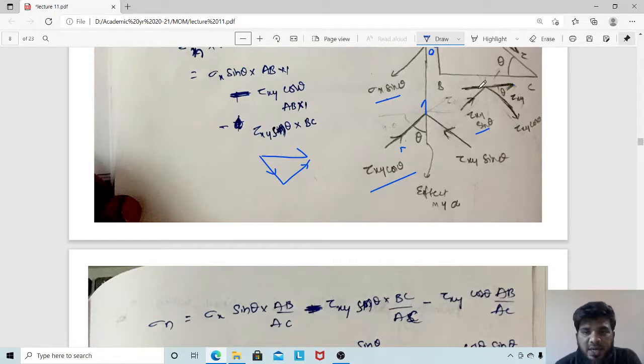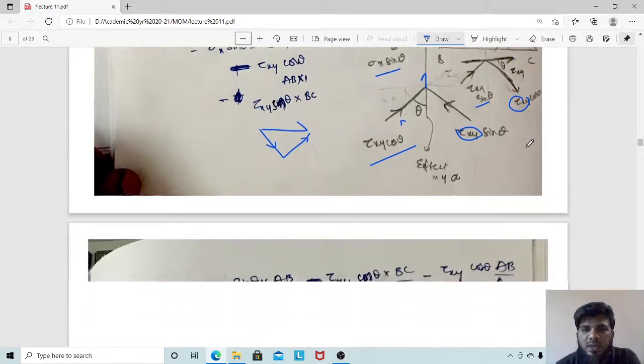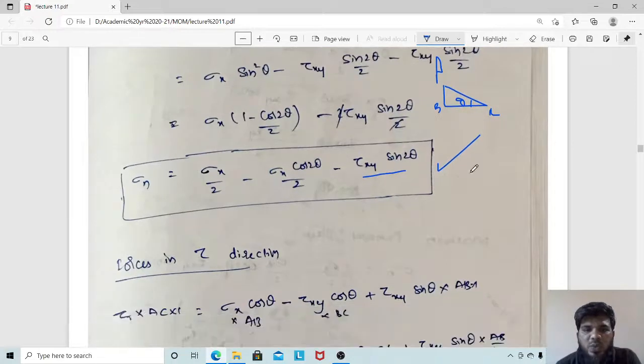Now we have to identify only the forces which are parallel to tau. Let us mark them: 1 parallel to tau, 2 parallel to tau, 3, 4. So tau xy cos theta is acting on the BC plane, so tau xy cos theta into BC plane, and tau xy sin theta is acting along the AB plane.